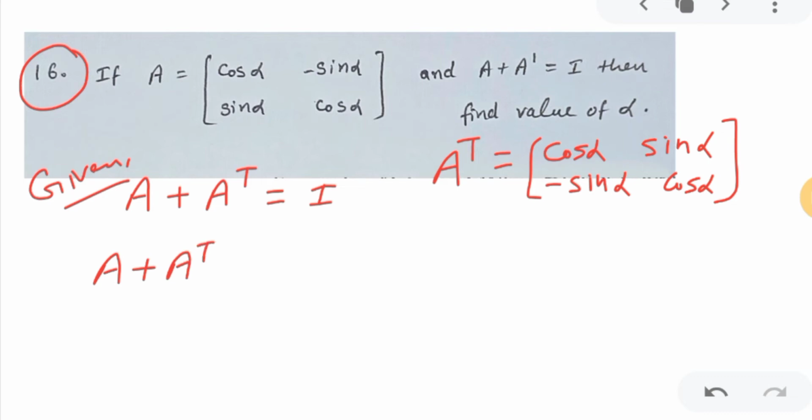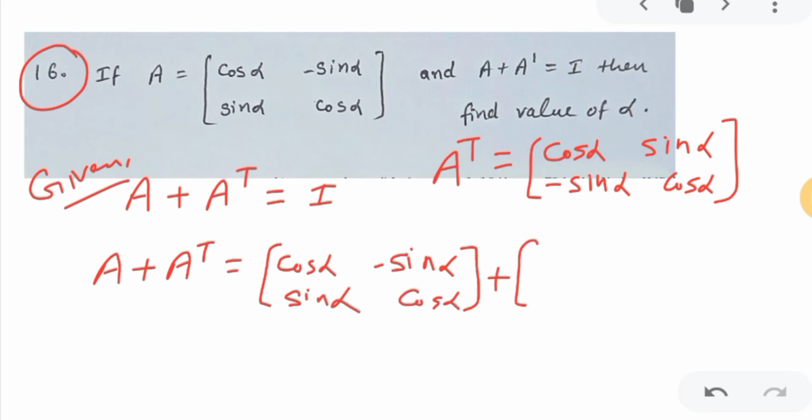So A plus A transpose means A matrix is cos alpha minus sin alpha. I have both matrices now, so I will add these two, plus A transpose. A transpose is nothing but cos alpha sin alpha minus sin alpha cos alpha.